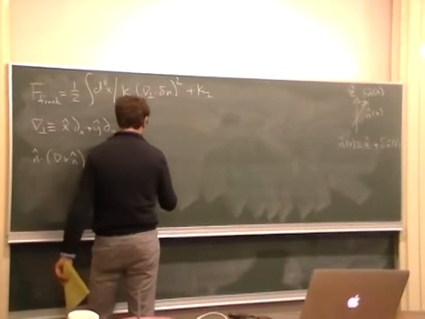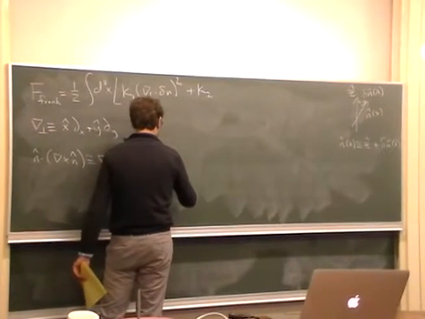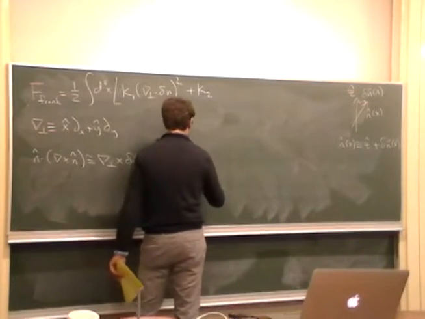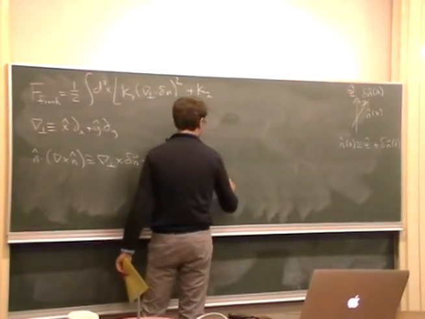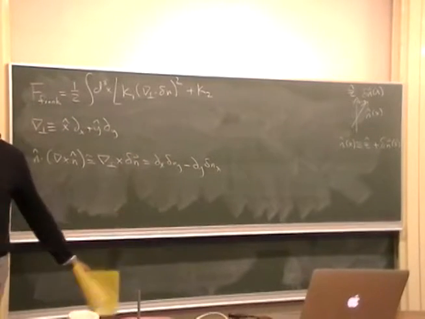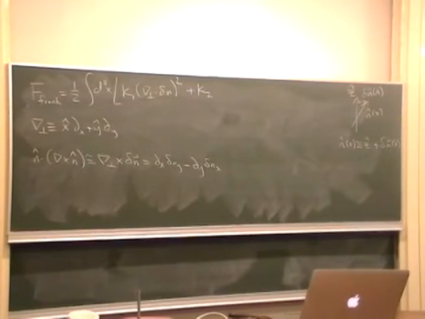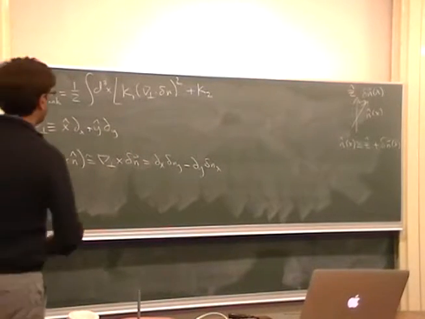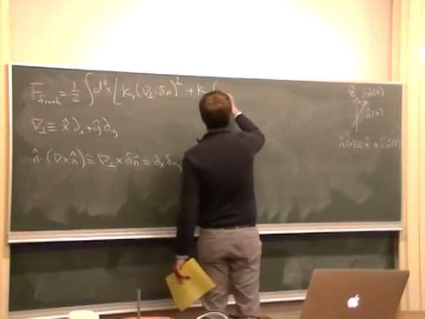This is nothing other than dx delta ny minus dy delta nx. I just want to make sure this notation is trivially obvious to you. We're going to put this up and leave it up there.